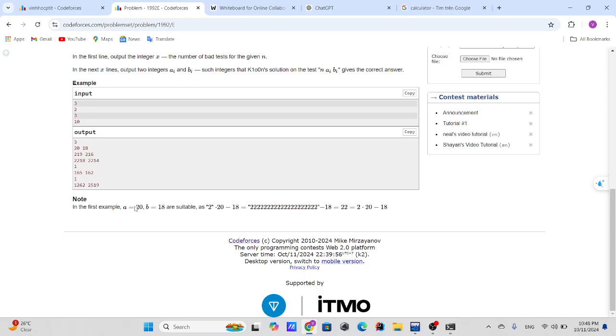Can we use brute force here? I think brute force is okay, but let me think about it. Is brute force okay? Let me think about it.